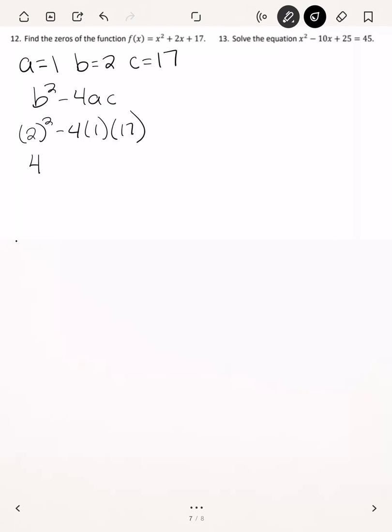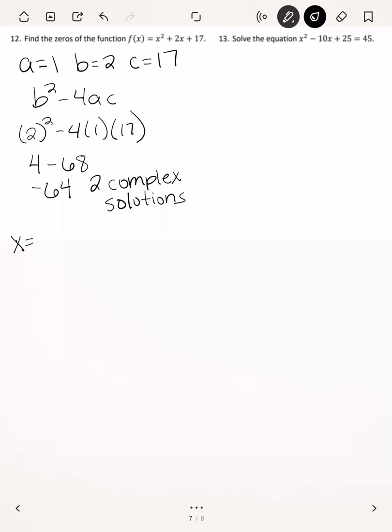Negative 4 times 17 is a negative 68. 4 minus 68, negative 64. Had to count on my fingers for that one. I get two complex solutions. Two complex solutions, awesome. Meaning, again, I should have i's in my answer.